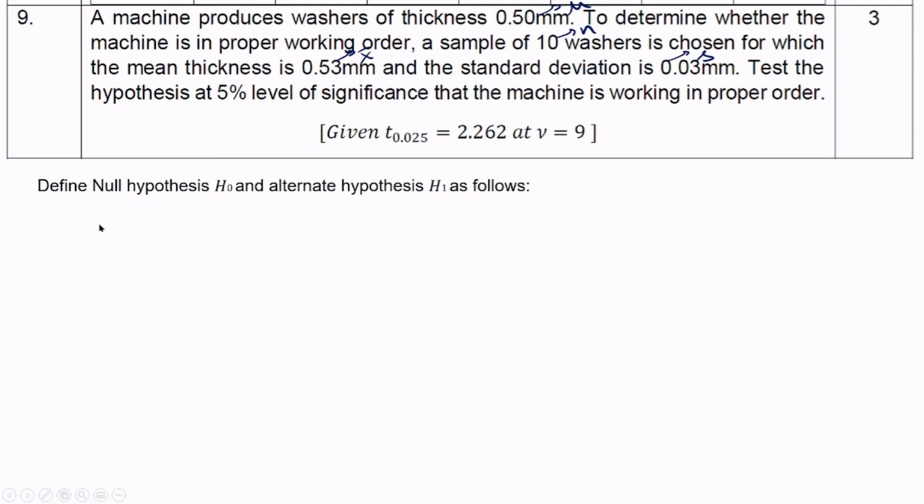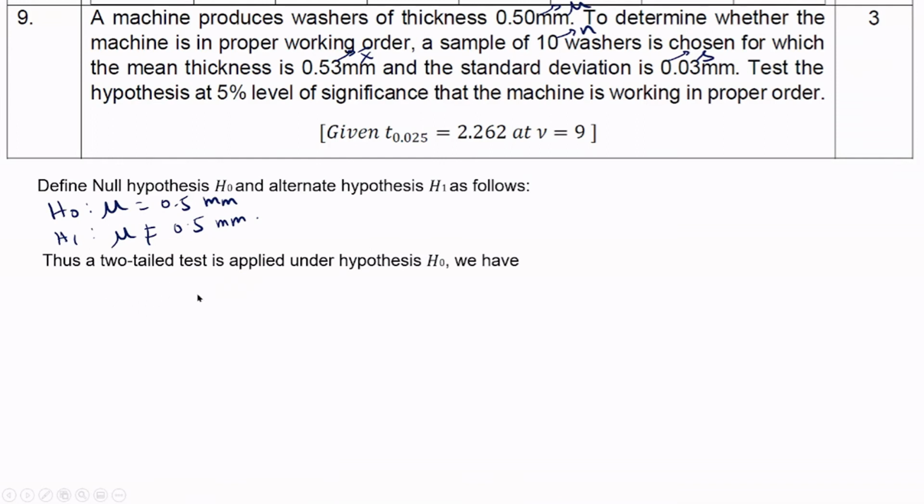So the first step is to define the null hypothesis H0 and alternate hypothesis H1 as follows. The null hypothesis H0 is mu equal to 0.5 mm and the alternate hypothesis H1 is mu not equal to 0.5 mm. So this is the null and the alternate hypothesis. Here we can see that this is a two-tailed t-test.